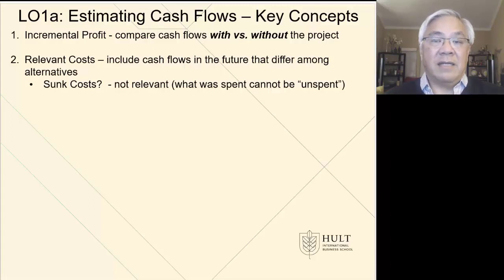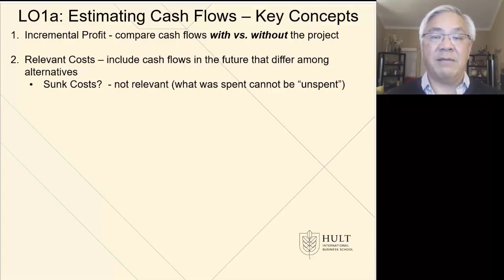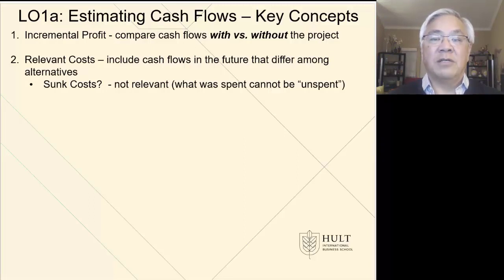They did cost you money, and let's say it's R&D and it cost you $50 million. That's pretty painful to spend that kind of money with no return as of this point in time. But those are sunk. What's relevant is here and now and tomorrow. Should we continue funding the project? And what are the expected cash flows if we do continue to fund it? So that's how we look at sunk costs.